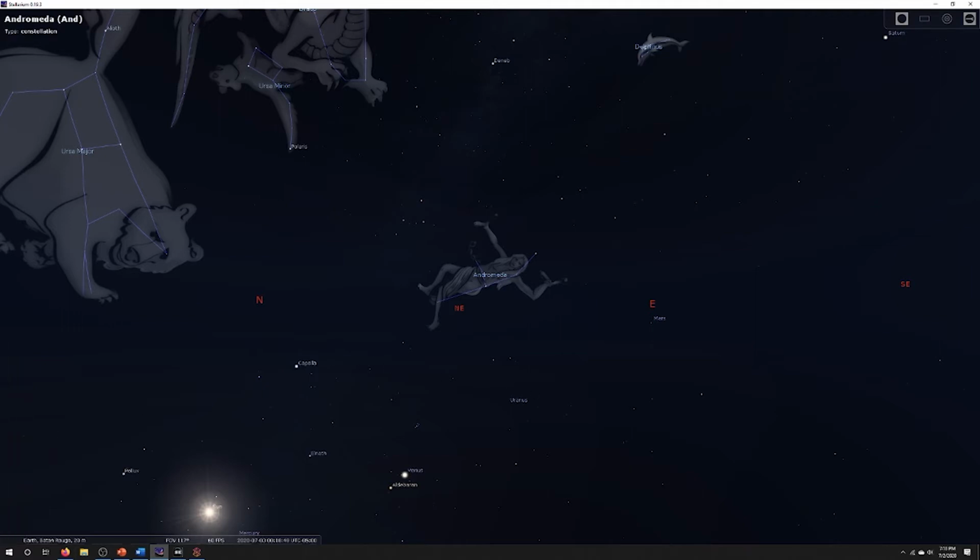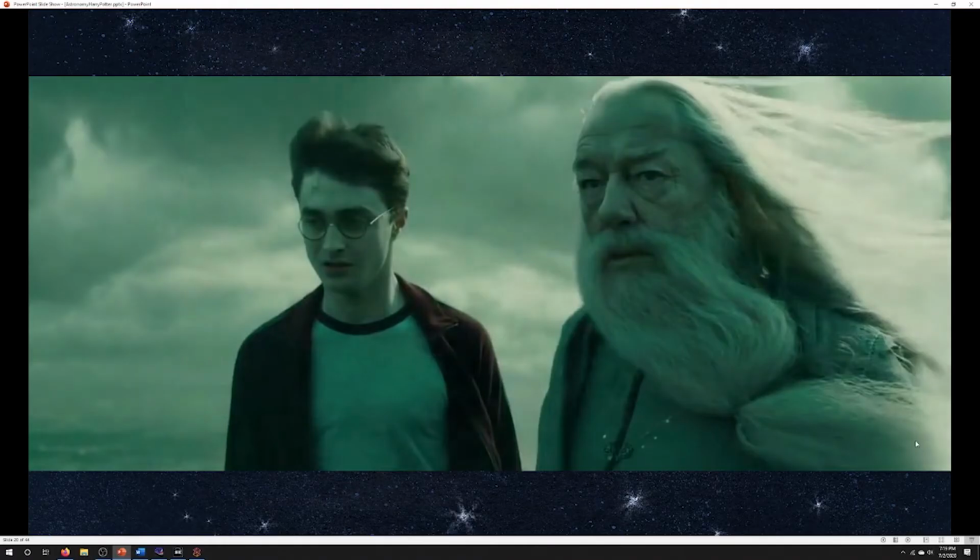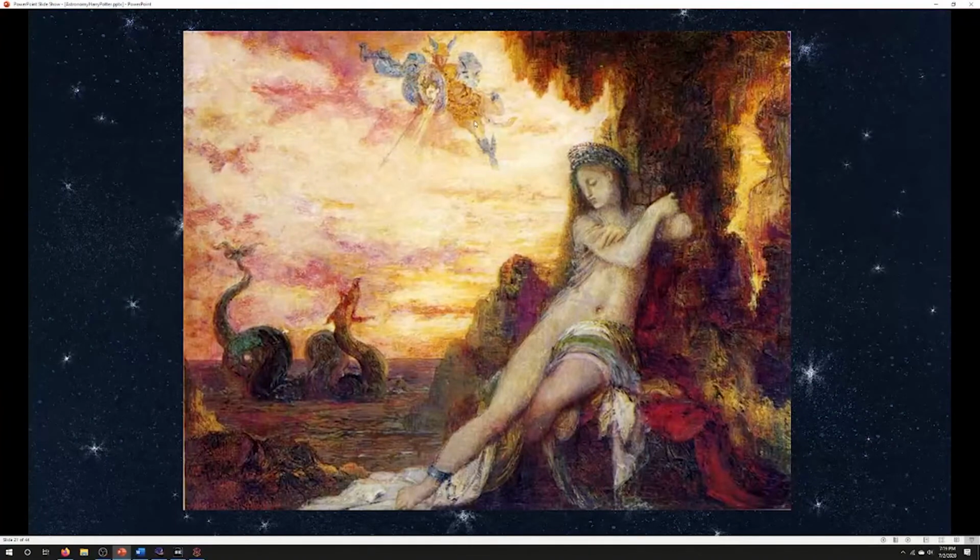In the ancient Greek myth, which you may be familiar with because of the movie Clash of the Titans, Andromeda was the daughter of Queen Cassiopeia, and she was marked for death by Poseidon, the god of the sea. Before this could happen, she was saved by the hero Perseus as he rode in on the back of Pegasus, the winged horse.